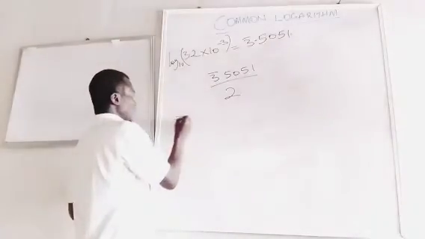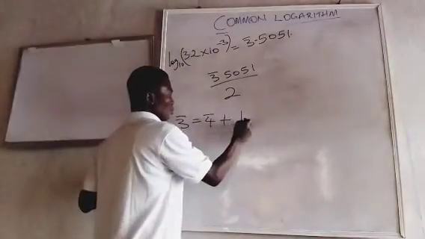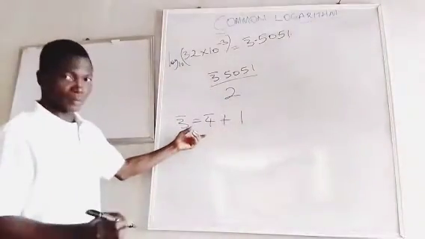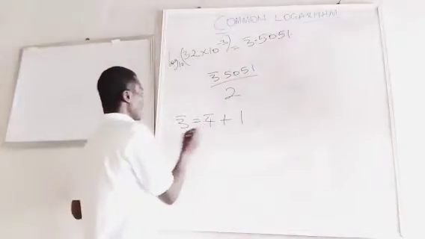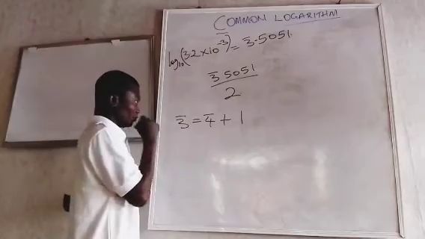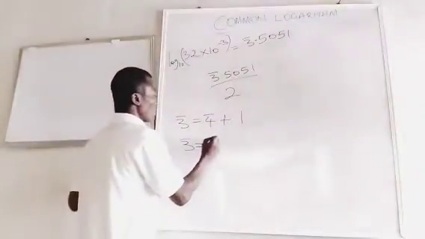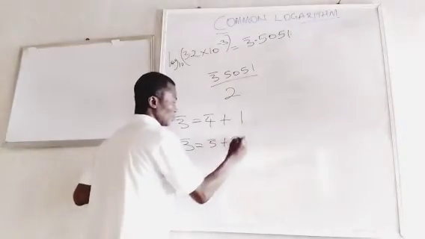You know that bar 3 is equal to bar 4 plus 1, equal to bar 5 plus 2.